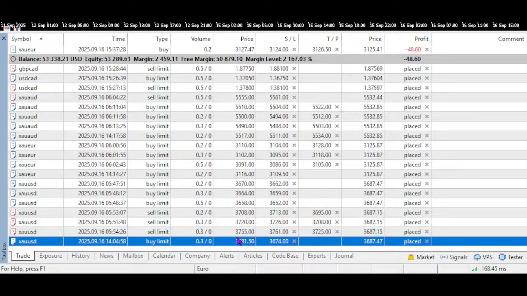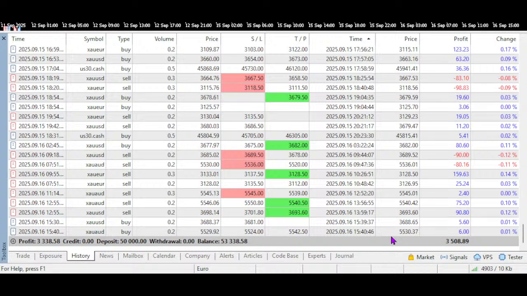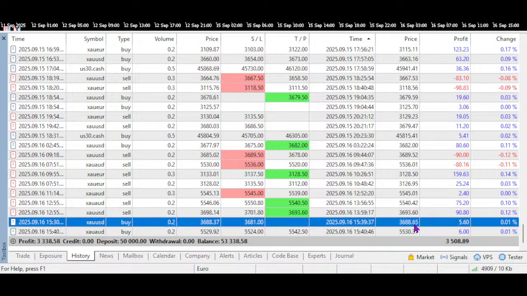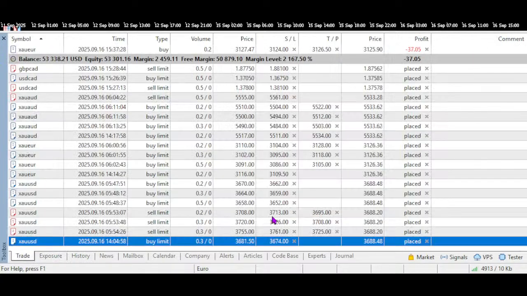So anything slightly better, we will try to go for it. Since we closed just now at 88.65, we are going for a re-entry again.